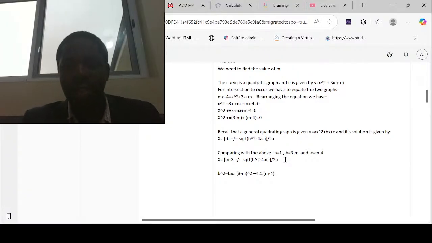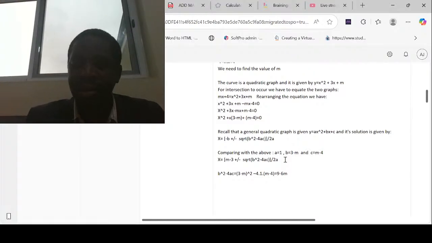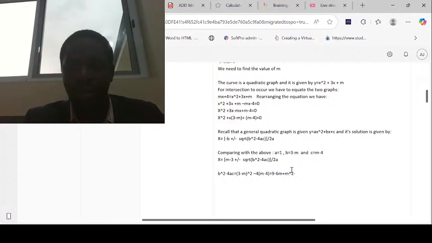So when you open your bracket, (3 minus m) all squared will become 9 minus 3m, minus 3m again, so that will be minus 6m, then minus m times minus m will become plus m squared. Then minus 4 times (m minus 4): 4 times m is 4m, and minus 4 times minus 4 will be plus 16.